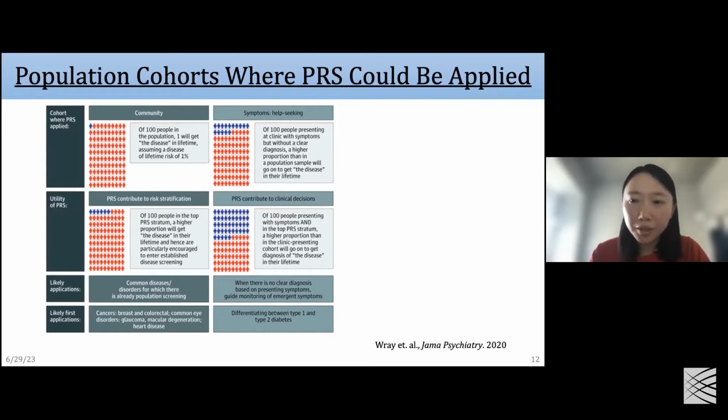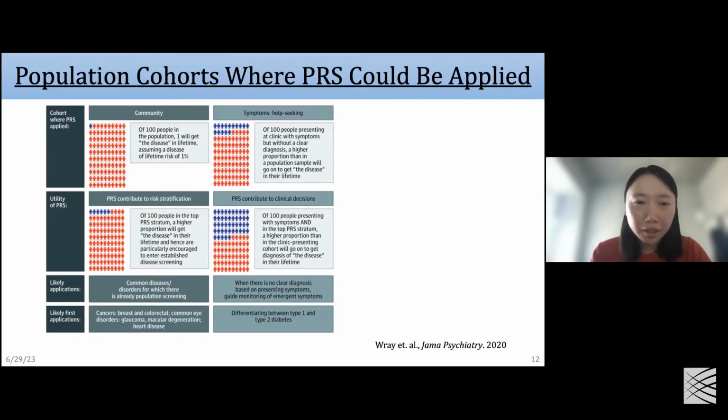So within those with type 1 diabetes, if they have a high PRS for type 1 diabetes, it could be used to trigger more frequent monitoring of insulin levels, because type 1 diabetes PRS has been found to predict the progression to the critical phenotypes of insulin deficiency.